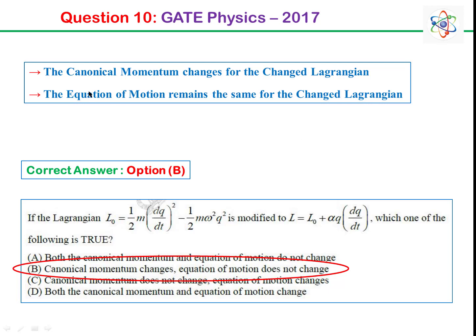So we can see that the canonical momentum changes, but the equation of motion remains the same. If we look into the options, then the correct option is option B: canonical momentum changes, equation of motion does not change. So that is it. Thank you.